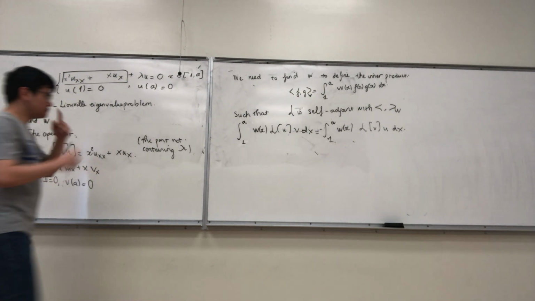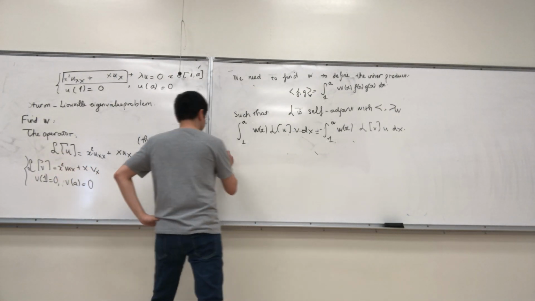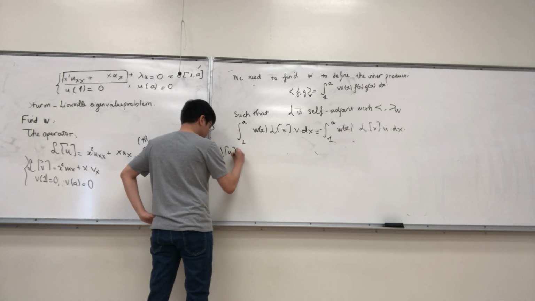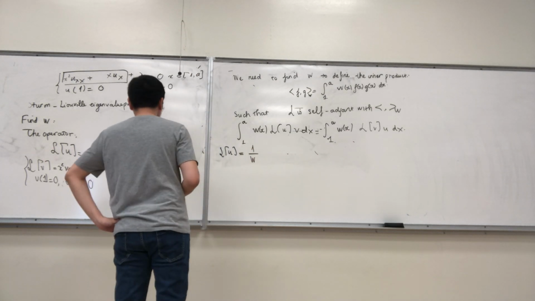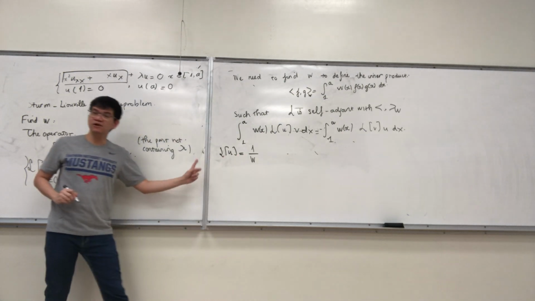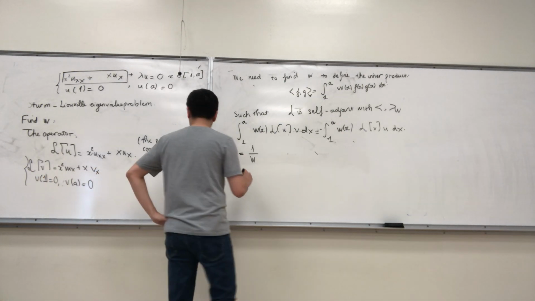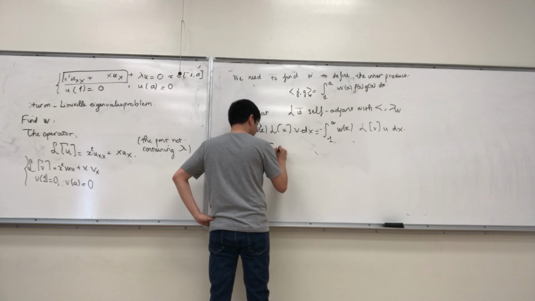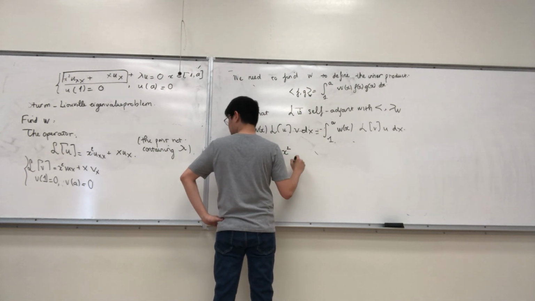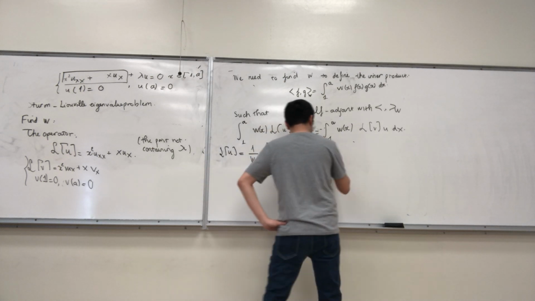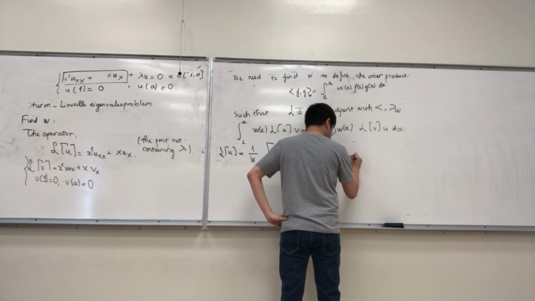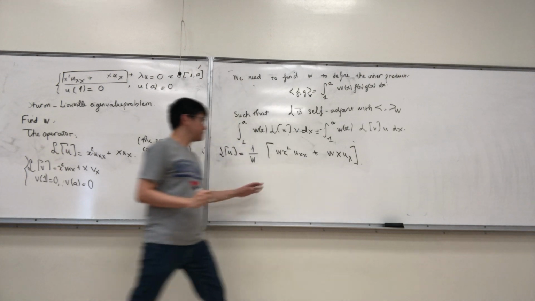Now, what we have is the following. You're going to find the weight w such that Lu is 1 over w times (w x squared uxx plus w x ux). Right?